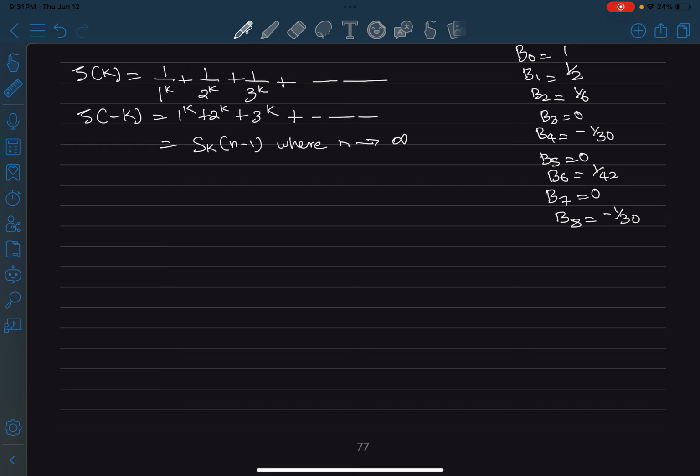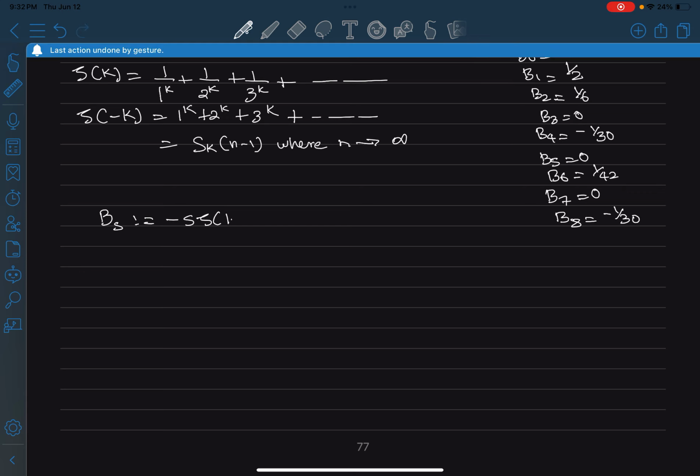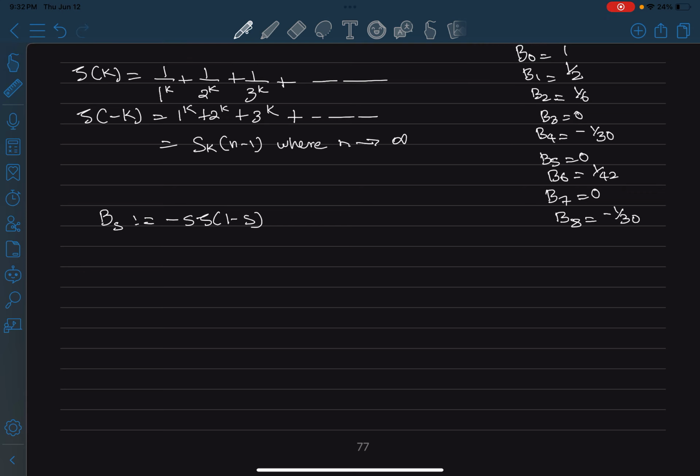There's this formula. If you want to extend Bernoulli numbers to negative numbers, you can use this formula. This is the analytic continuation of Bernoulli numbers: minus B sub n equals s times zeta of 1 minus s. Similarly, if you replace s minus 1 with n, you get another formula for zeta: zeta of minus n is equal to negative B sub n plus 1 divided by n plus 1.